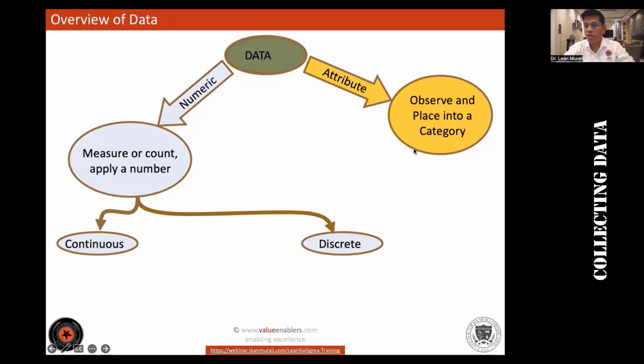Can it be 25.51? Yes. Can it be 25.51120? It is just that we are not able to measure it, but the data is continuous. All of you type yes in the chat box.